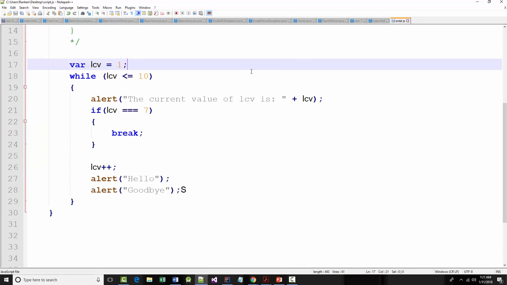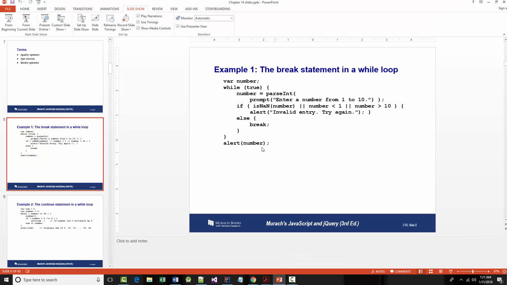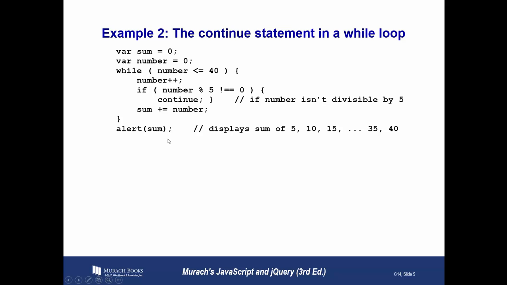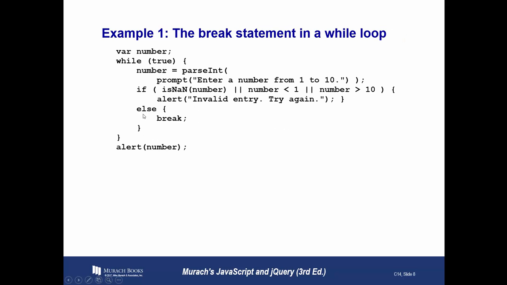All right, let's look at their examples, because mine evidently stink. When you put a break statement in a loop, when it hits that, it completely leaves the loop. It's a way to get you out. On the other hand, when you use a continue, I guess I should have used their example here.